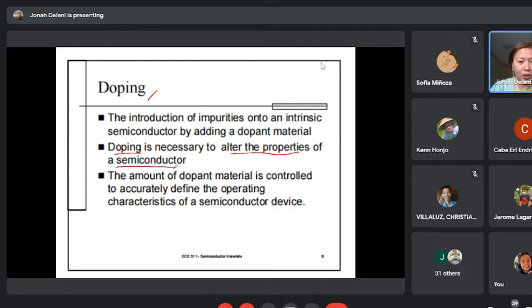So we can control its energy level as required, and also its resistivity. We can control it by adding impurities to the semiconductor. Depending on the amount that is doped, it can define the characteristic of a semiconductor device.